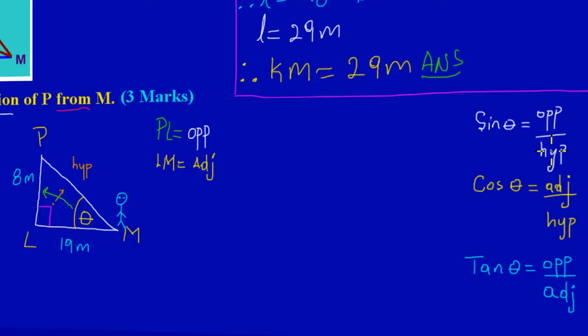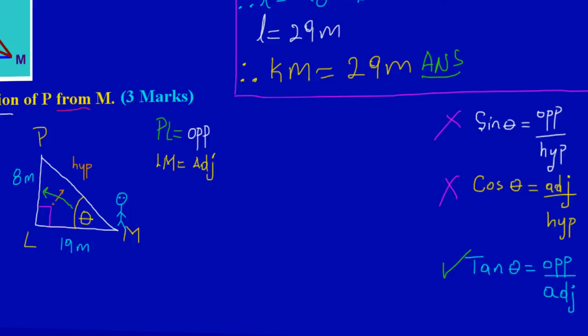Sine has opposite and hypotenuse, so obviously that's out. Cosine has adjacent and hypotenuse. I'm not looking for adjacent and hypotenuse, so that's out. But my tan ratio has the opposite and the adjacent, and I have the opposite and the adjacent, so obviously it's my tan ratio I will have to use in this situation.